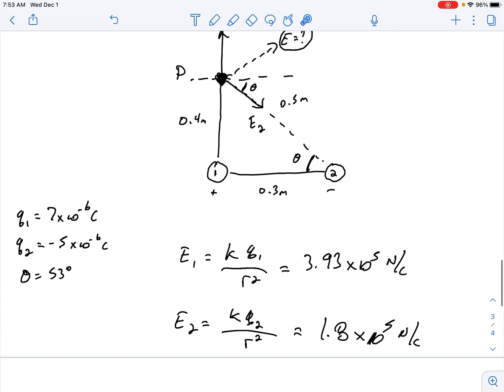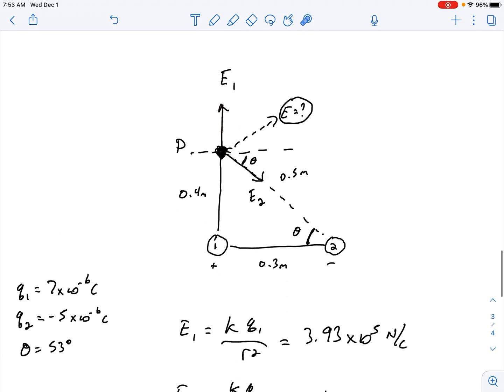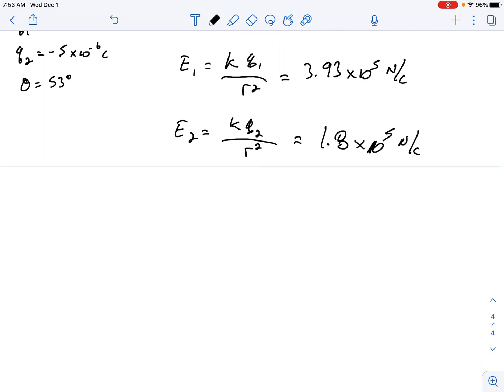All right, to combine these two vectors, that vector and that vector, this vector and this vector, we're going to do vector decomposition. So E1x equals 0. E1y equals 3.93 times 10 to the 5 newtons per coulomb.